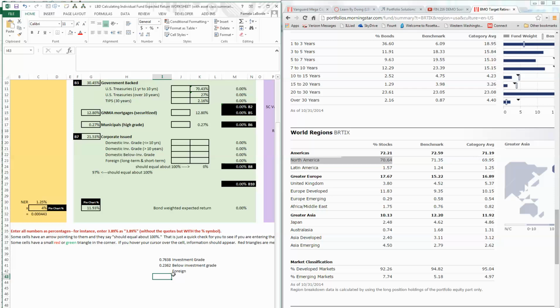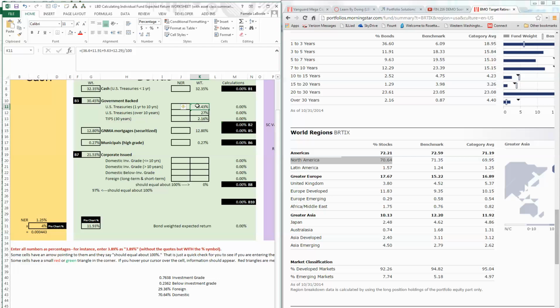So I will know that domestic is 70.64%. So that means foreign has to be the rest. So 1 minus the 70.64. And then I've got my less than or equal to 10 years is 70, and my greater than 10 years would be these two.